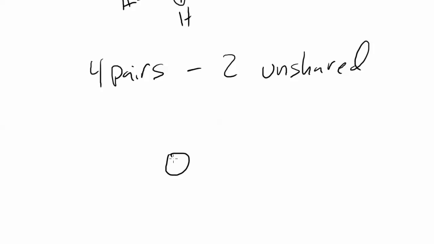If I put oxygen here, I've got 2 pairs, and then I have a hydrogen here and a hydrogen here. You still have the tetrahedral shape, but there's no atom here and there's no atom here. So if you can envision that in your head, it's not quite a straight line, it's bent, and that's the name of this shape.